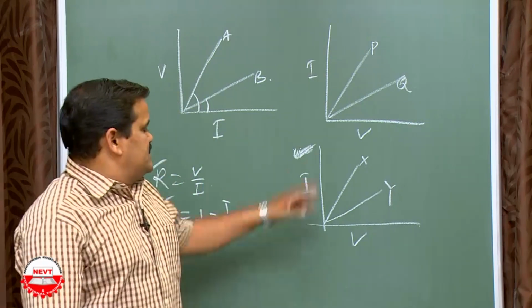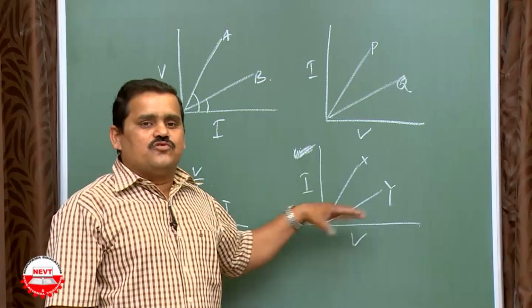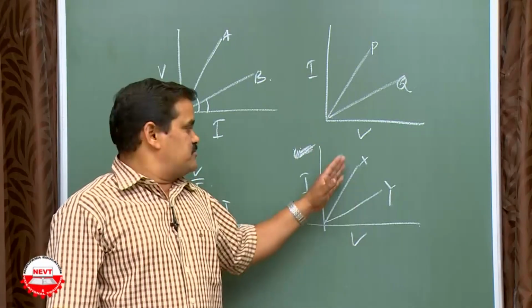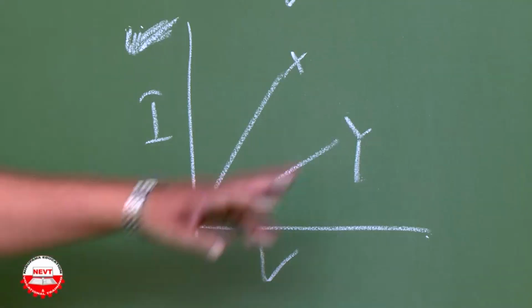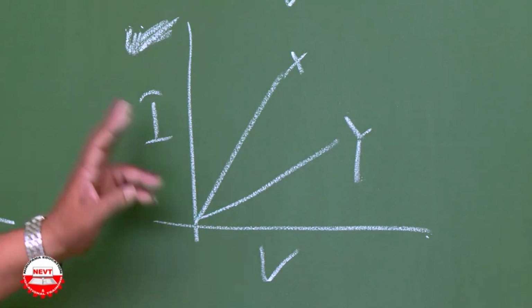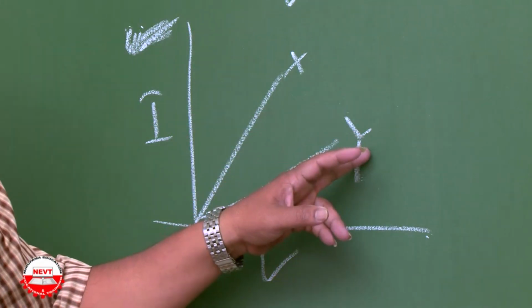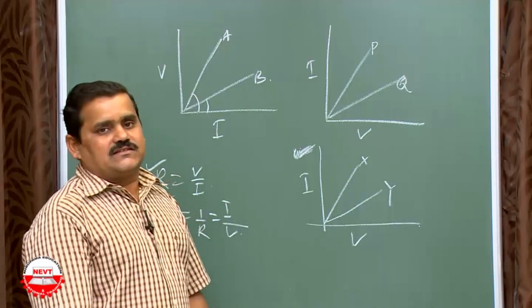So in this graph, which has high resistance? Y has more resistance than X because it is an I and V graph. Therefore Y produces more heat energy than X.